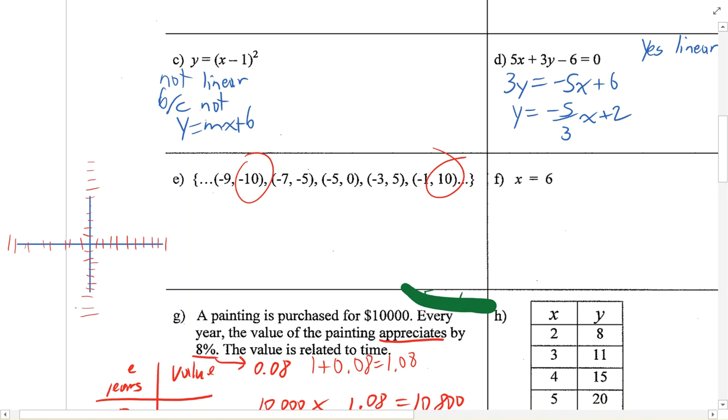And so now I can graph negative 9, negative 10. That's going to be down here. Negative 7, negative 5. 1, 2, 3, 4, 5, 6, 7. 1, 2, 3, 4, 5. Negative 5, 0. 1, 2, 3, 4, 5, 0.